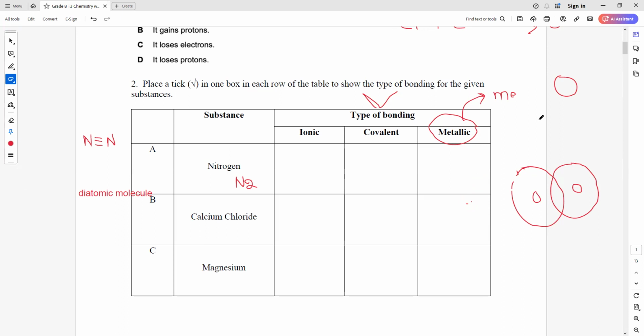So if we take an individual nitrogen atom, let's say this is the nucleus. We have 5 electrons, right? So 4 paired and 1 lone electron. Now what will happen? They will share 3 electrons. So they have 3 electrons, right? 1, 2, 3, 4.